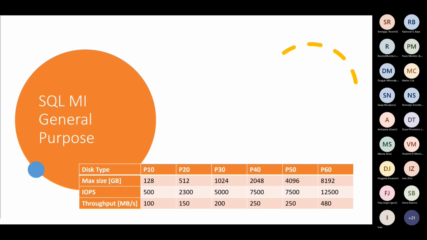And it's here. In MI GP, every database file is placed on a separate Azure Premium disk. You see the disks here in the table, with their max sizes, IOPS and throughput. In some cases, you might experience performance issues because your data files are small and they don't get enough IOPS or bandwidth.